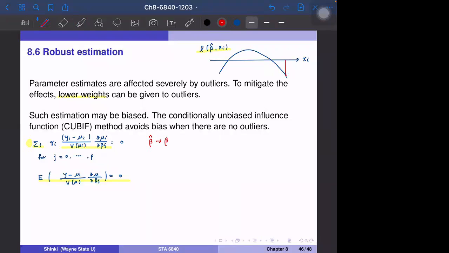But now we would like to put some weight parameter gamma i, so that if yi is an outlier, we put a lower weight on it. But if we put some artificial weight here, then the expectation may not be 0, because this is no longer the maximum likelihood estimator and doesn't have many of the good properties.